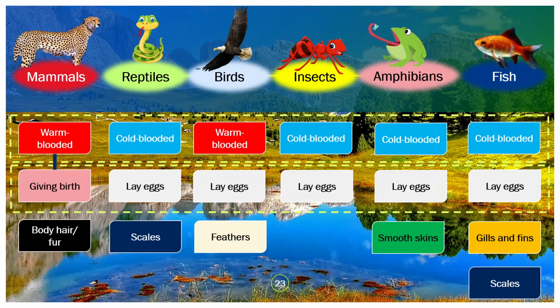Feathers for birds, scales for reptiles and fish. But only fish have gills and fins. Gills help them breathe underwater, and fins help them swim.